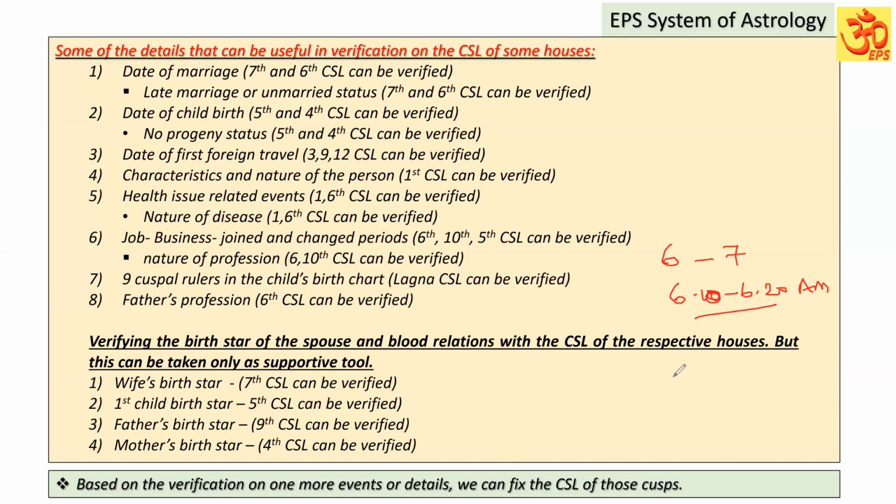Suppose he is saying that he was born at 6:10 a.m. only, the correct time. He is not having any doubt, but we are having a doubt of maybe 1 or 2 minutes plus or minus. In that case, by verifying the important event, that itself will be useful in fixing the correct minute. It is not required to check all the events.